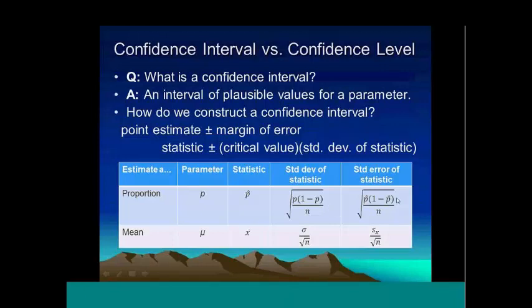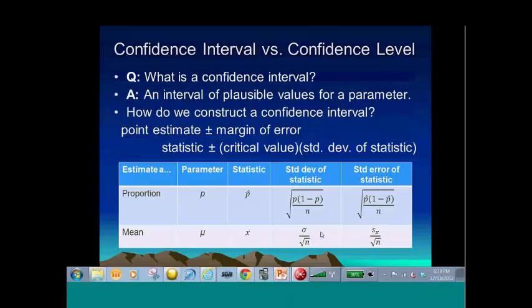And in this column, I've included the standard error of that statistic, which comes from replacing the value of p with our estimate that we get from our sample, which is our p hat. Likewise, in the row for means, we've got the population mean mu, the sample mean x bar, the standard deviation of the sampling distribution of x bar, and the standard error of the statistic, s_x divided by square root of n.